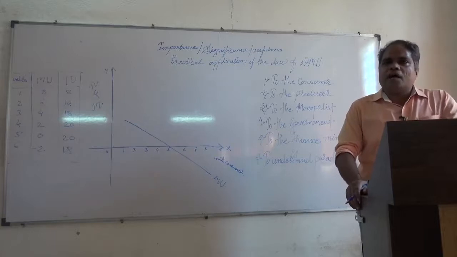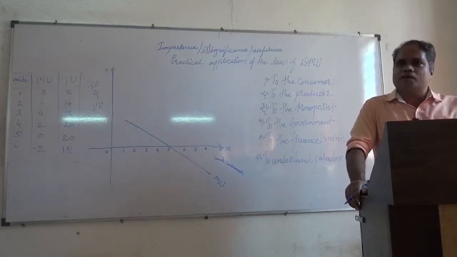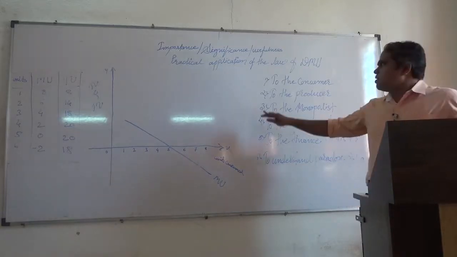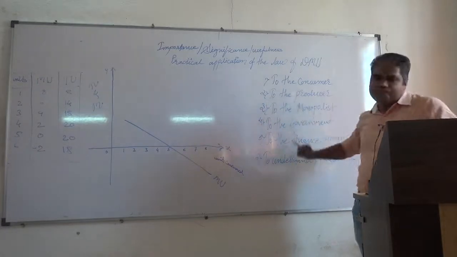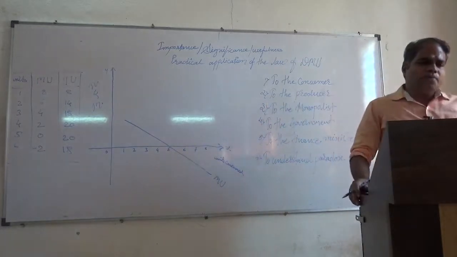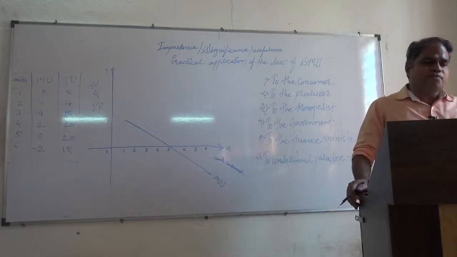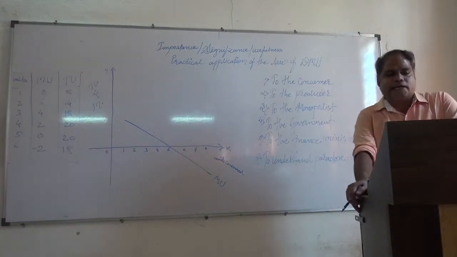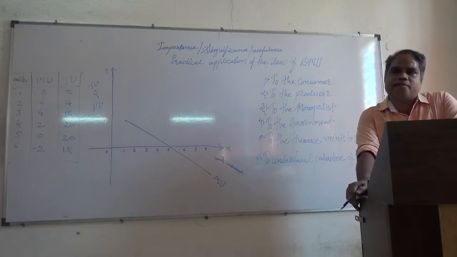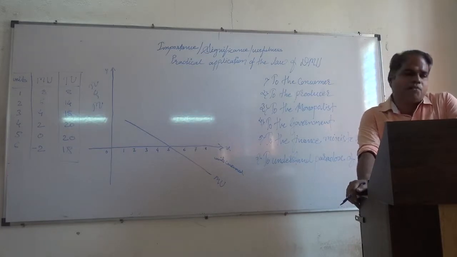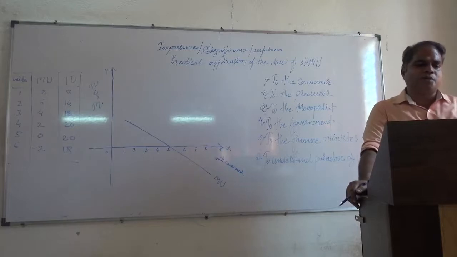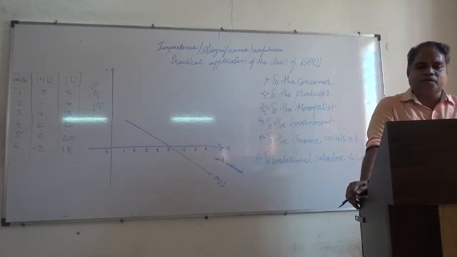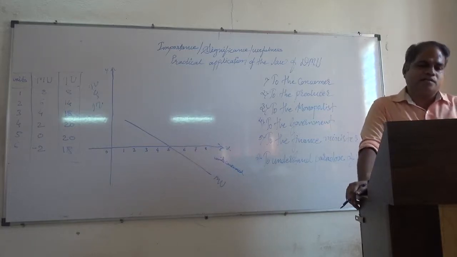It is helpful to the consumer, and the law of diminishing marginal utility is also helpful to the producer in increasing sales or determining the price for the product. The producer reduces the price of the product for the purpose of increasing sales.